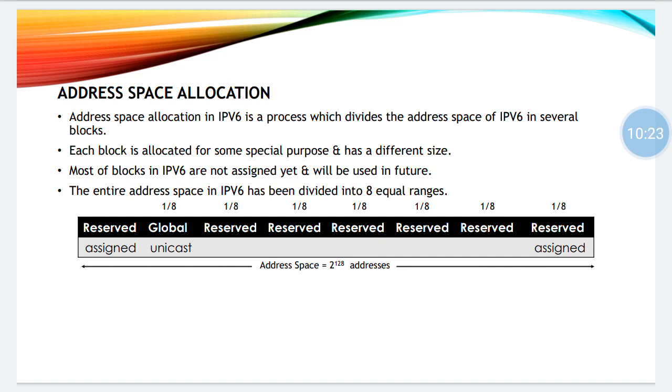As you can see in the diagram, the first reserved has been assigned. The next block, global, is assigned for unicast addresses. Then the majority of the reserved part has not been used, and the last reserved part has been assigned. So in case they are asking address space allocation, you are supposed to draw this diagram and explain such points.